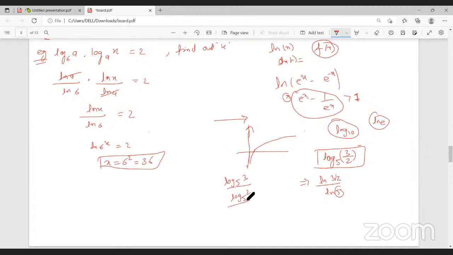In the calculator we can do this with base 10 and ln, so if we simply put it in the calculator we can get the value. Otherwise we have to go through the graph to find this value.